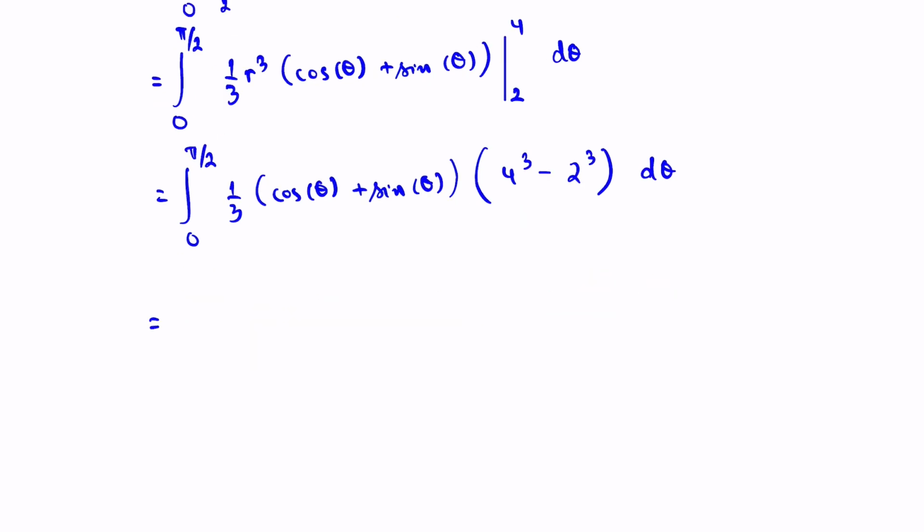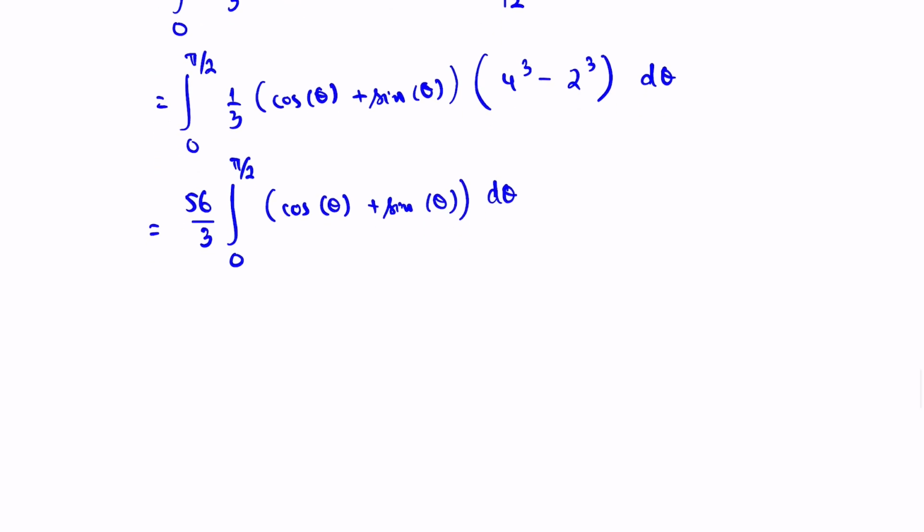So 56 over 3 is a constant in this context, so you pull that out of the integral, and you get 56 over 3 times the integral from 0 to pi over 2 of cosine of theta plus sine of theta d theta.